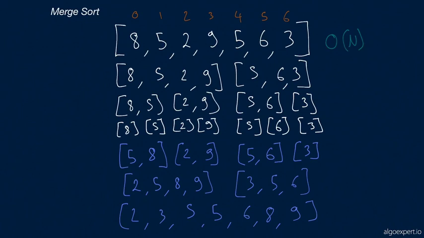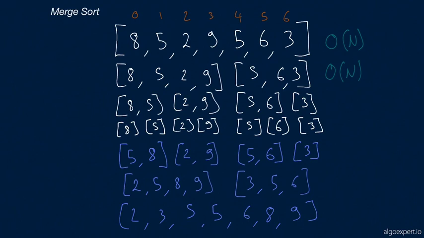It's going to take O of n divided by 2 for this one, and O of n divided by 2 for this one. If you add them up, it's going to be O of n for this entire level, without counting the time that it's going to take to then call merge sort recursively on all of the subarrays here.